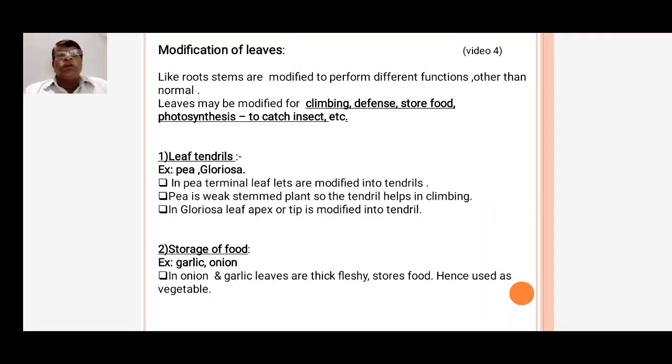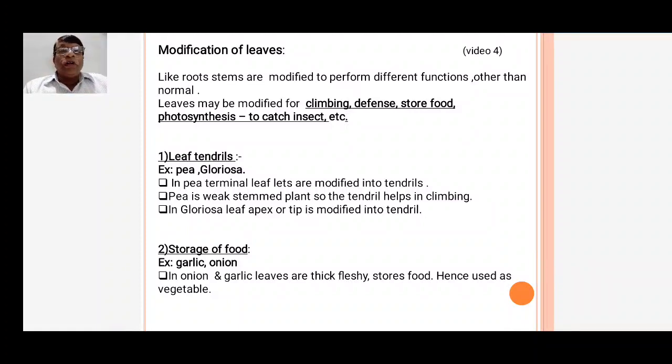Leaves are also modified to perform different functions other than the normal functions. Say, for example, the leaves are modified for climbing purpose.